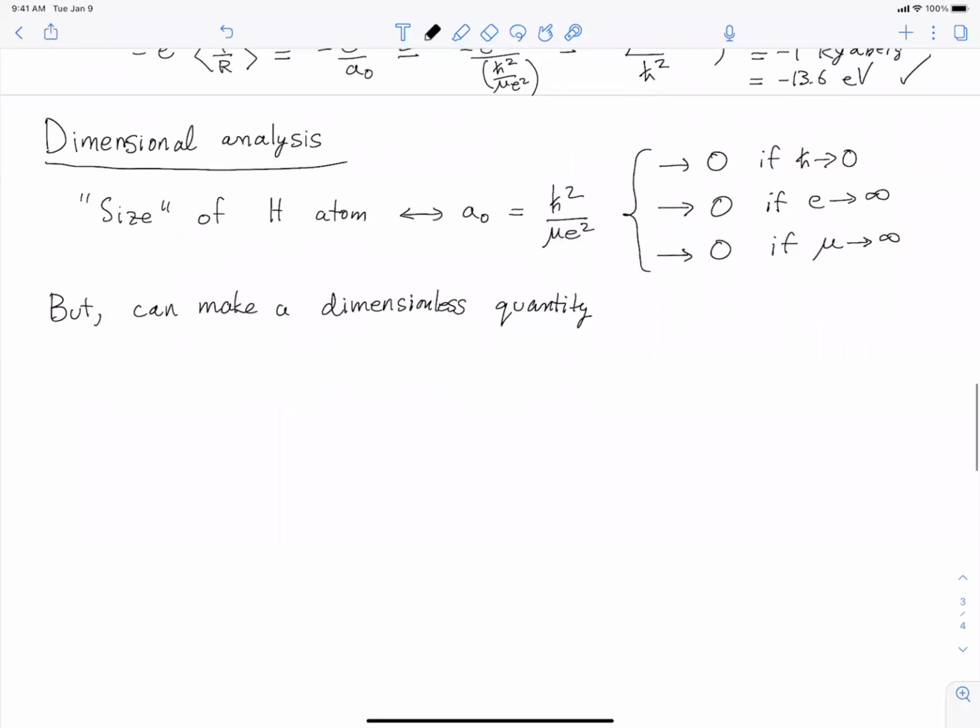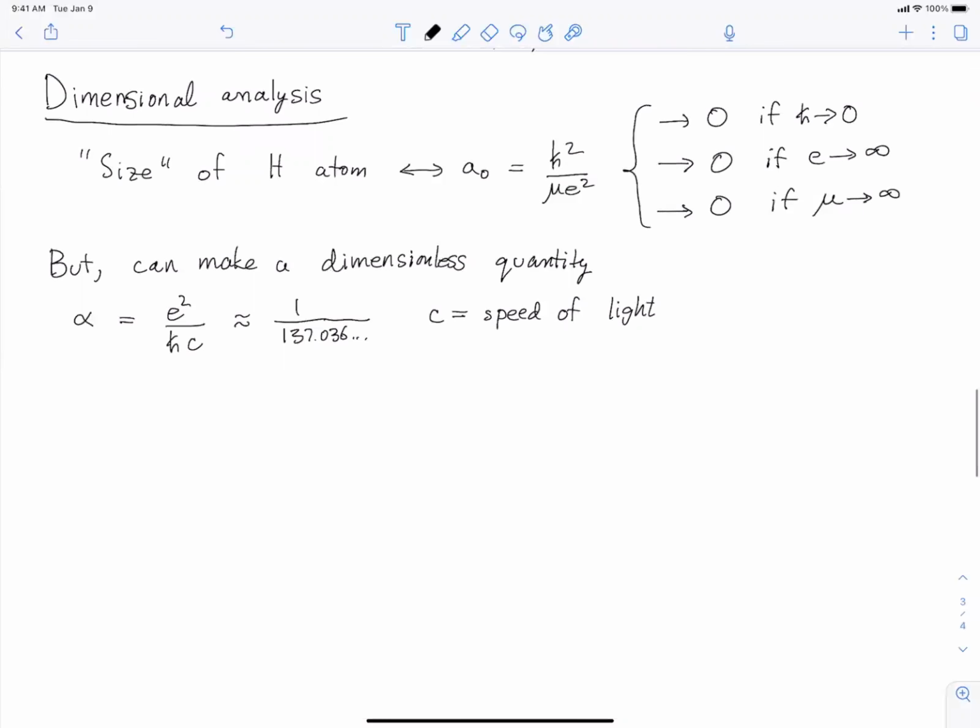And that dimensionless quantity is called alpha, and it's equal to e squared over h bar times the speed of light, where c is the speed of light. You can check that it has no units, and numerically it's approximately 1 over 137.036 and so on.